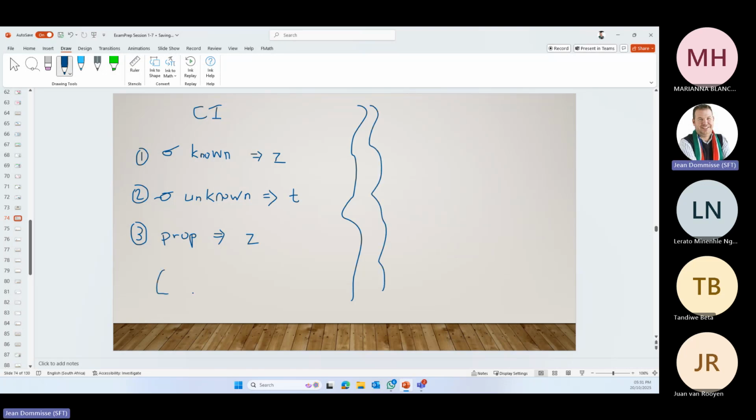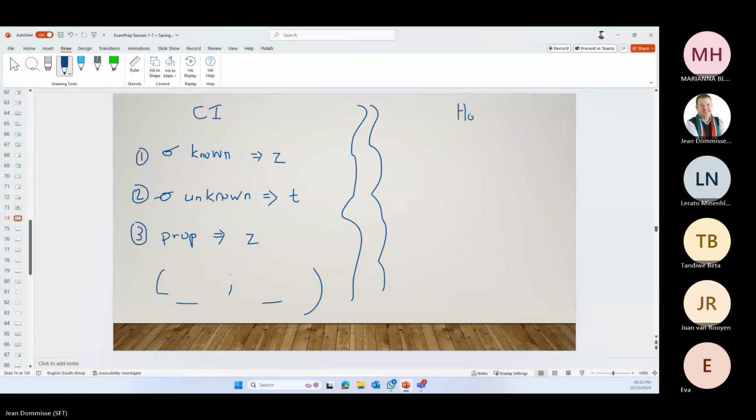And remember, there's nearly always a lower and an upper confidence limit. Then we will go to hypothesis testing, where it's the null hypothesis and alternative hypothesis.